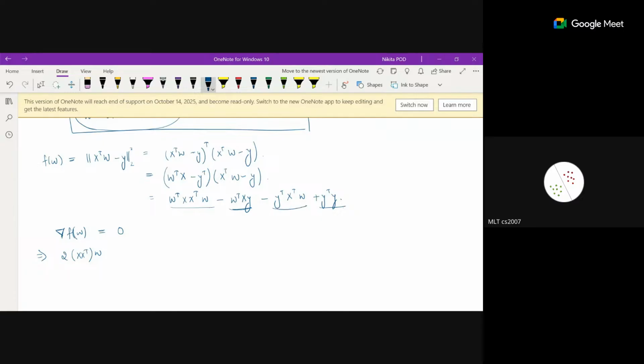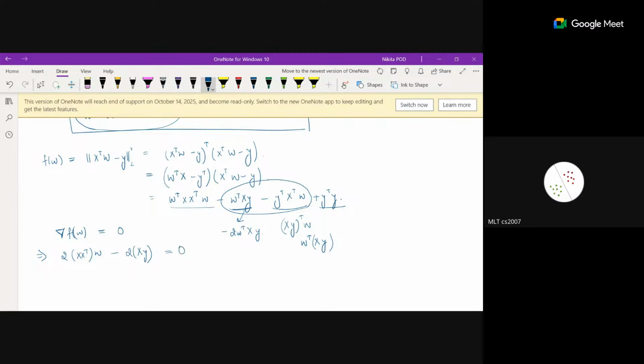And what can you write this as? We can write this as y transpose x transpose W, and this is nothing but W transpose x y. So these two terms combined become minus 2 W transpose x y. If you take the derivative of this term with respect to W, it becomes minus 2 x y.